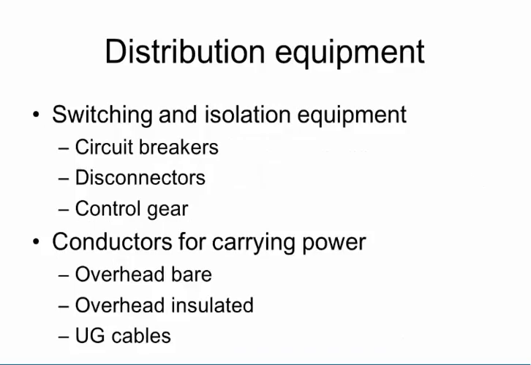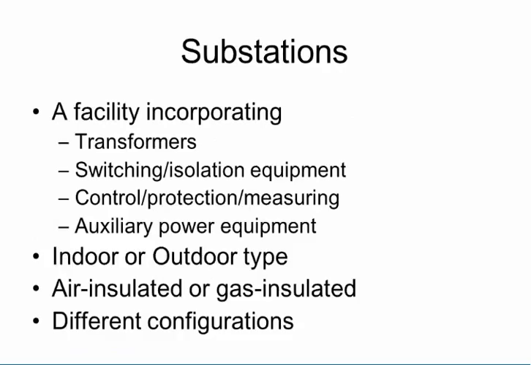Okay, so from the generation part right down to the consumer, there are various steps and various componentry that control the steps in between, and that is referred to as distribution equipment, including things like transformers, current control devices such as circuit breakers, control gear, and obviously the cable. So the points or areas where you are able to either have control of the power, or you need to be able to transform it up and down, are referred to as substations.